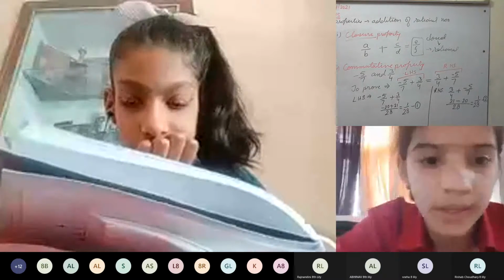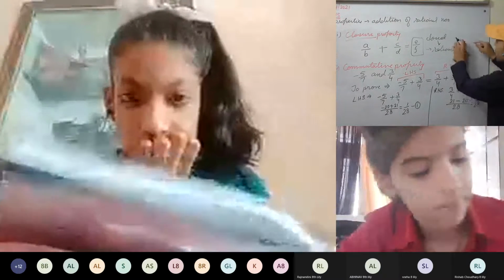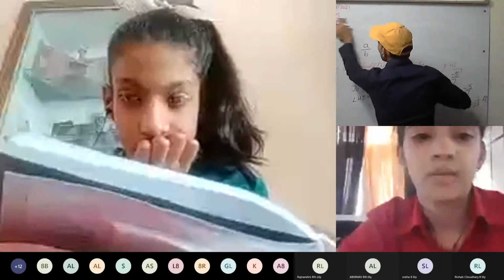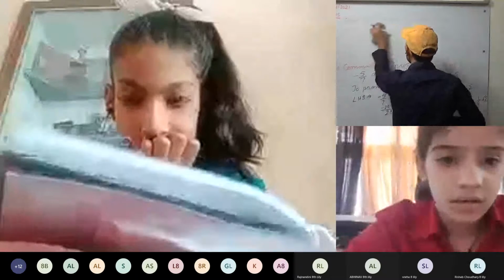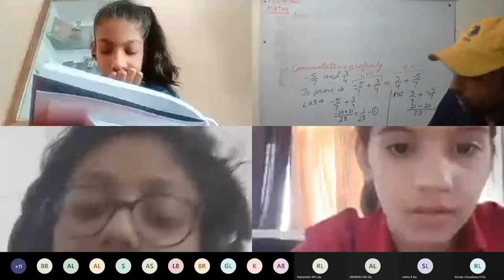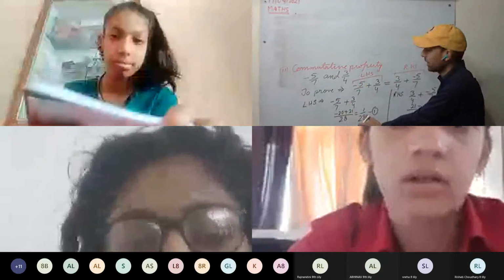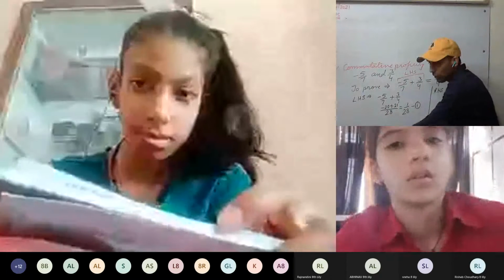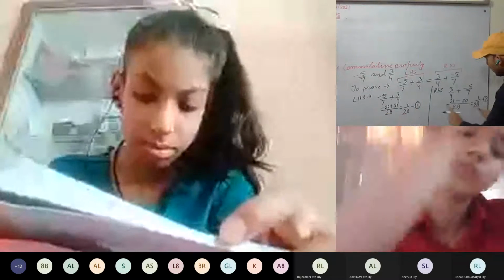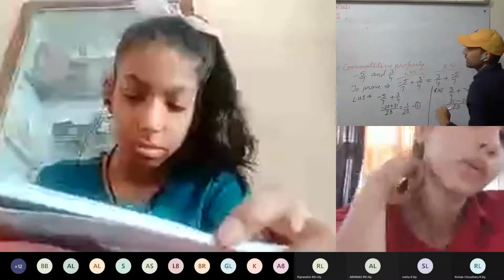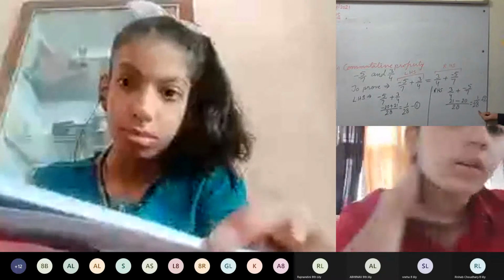So the next step will be writing. I rub this one, closure property, and I write here. Whenever a proof comes, how will we solve it? We'll take the left hand side and solve it. We'll take the right hand side and solve it. Now, these 3 dots are the sign for 'since'.